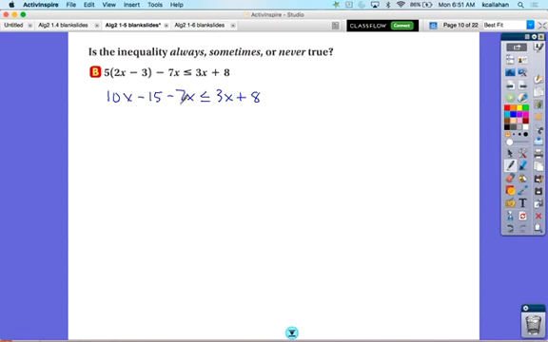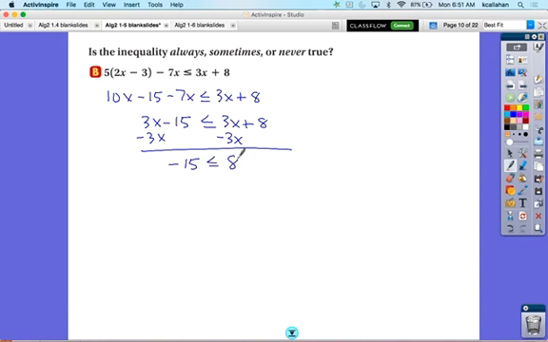Combine like terms. 10x minus 7x. Subtract 3x. Negative 15 is less than or equal to 8.